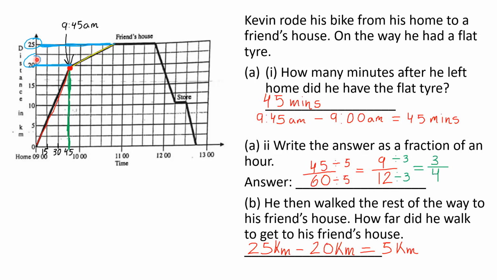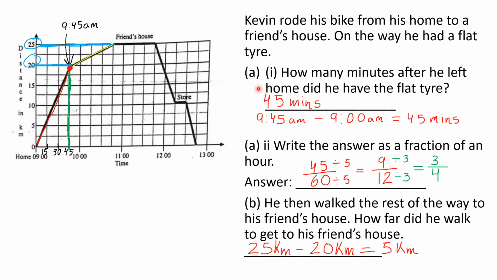And Bree? Are you there, Bree? Yes, sir. Good. And Bri, are you there? Where's Bri? Yes, sir. Okay, good. Do y'all understand how we got 5 kilometers? Yes, sir. Okay, good. And how about you, Chai, you understand how we got 5?